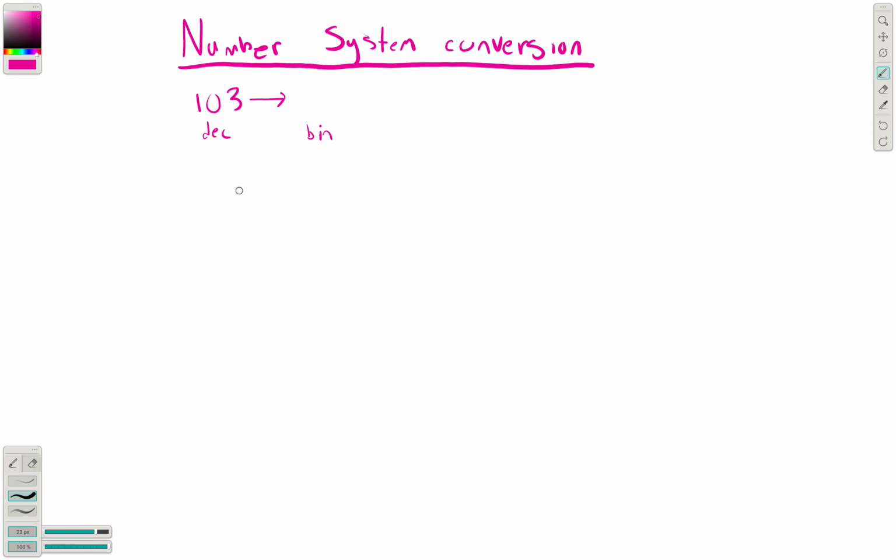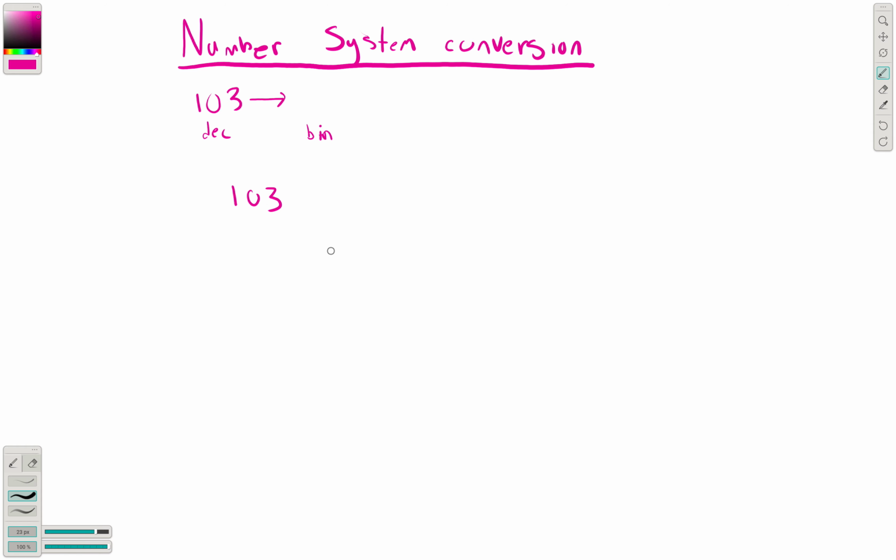And they proposed a very sugary way, a very sweet way to do this. And I hate sugar ways to do stuff. So this is how they showed me how to convert this decimal number into a binary number.